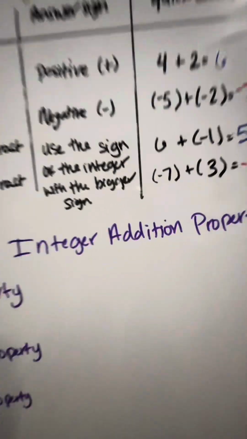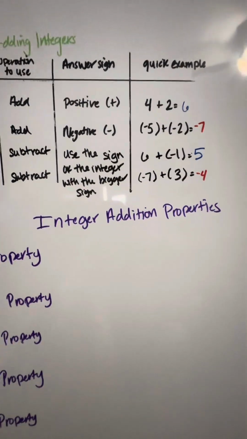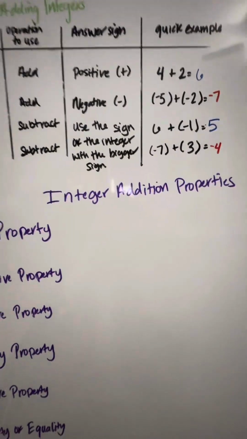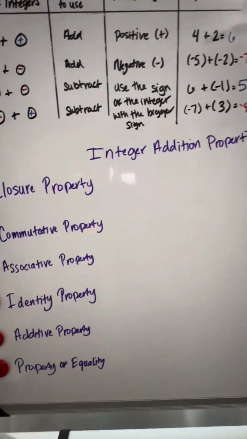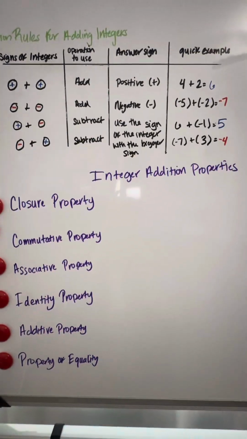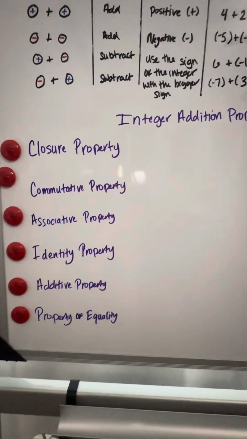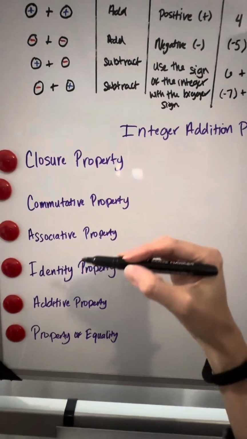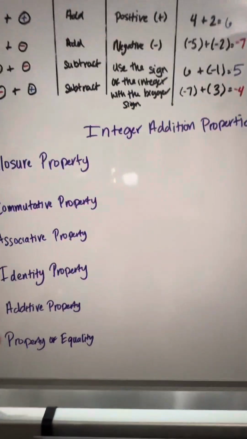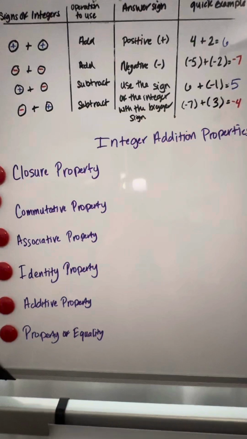Okay. Now we're going to go over the integer addition properties. Okay, so there are 1, 2, 3, 4, 5, 6 integer addition properties that we go by.